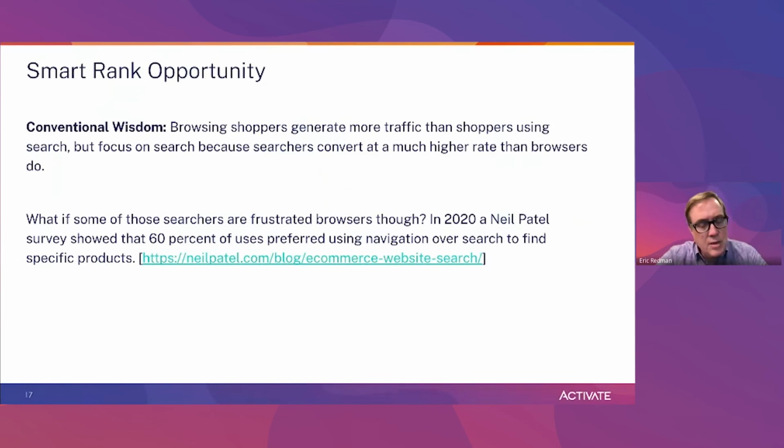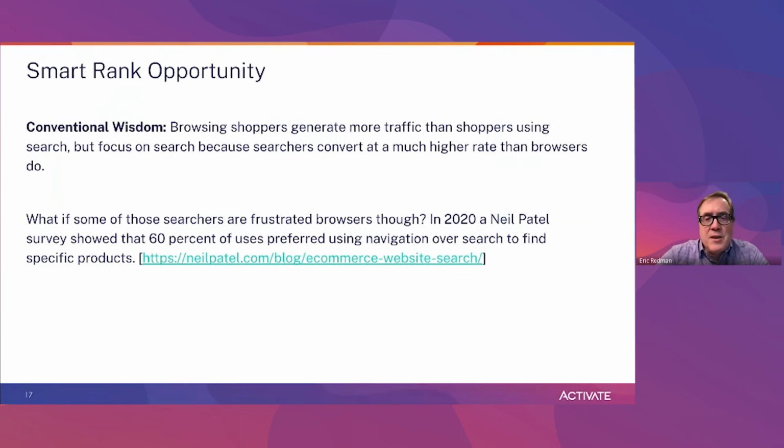Numbers vary a little bit over the years, but it's like search shoppers convert at twice the rate of browse shoppers. But well, wait a minute. What if these browse shoppers are frustrated by the navigation experience, and that leads them to search, or at least some of them may be headed that way?